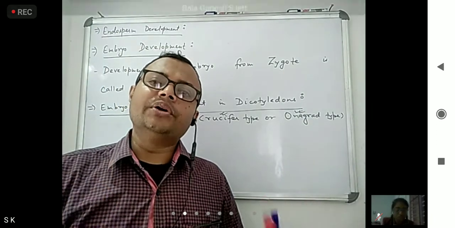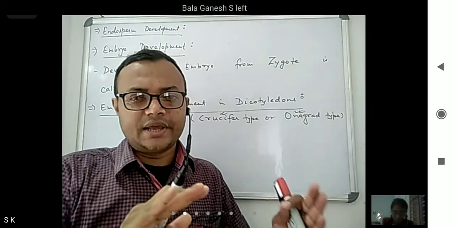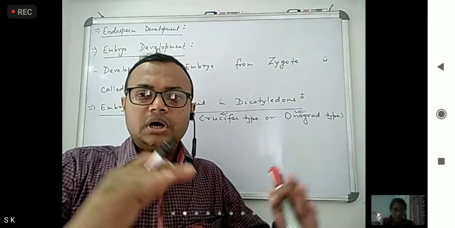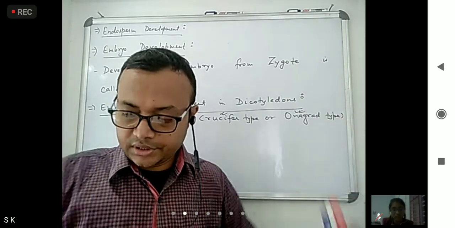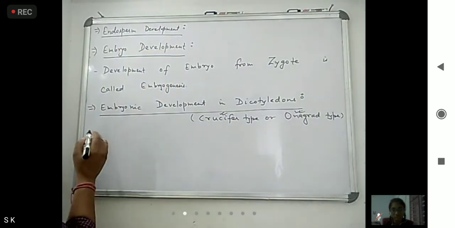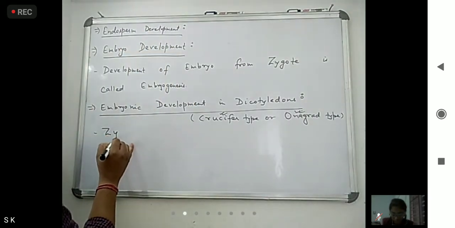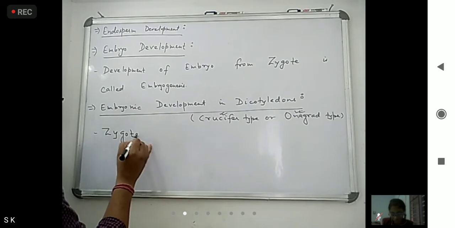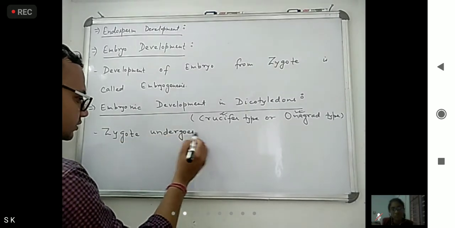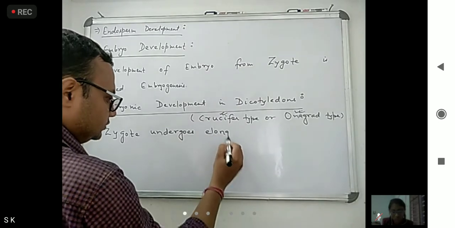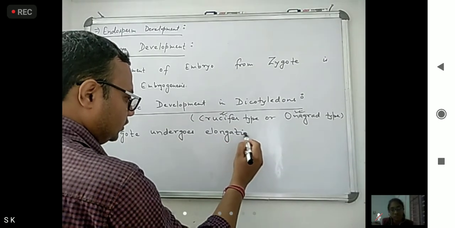Okay. Now here what happens? First the zygote undergoes elongation.